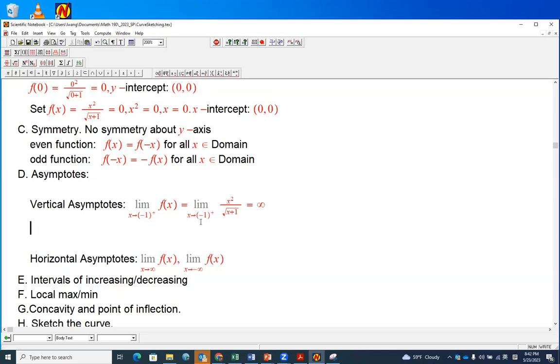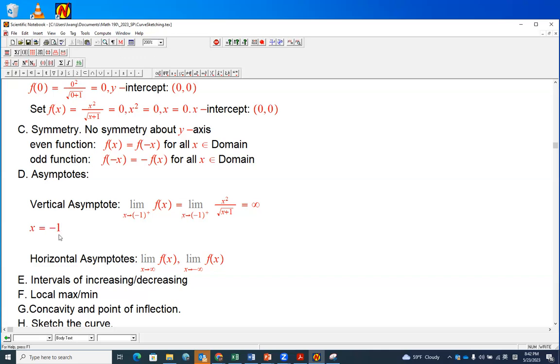When x is approaching -1 from larger than -1, the numerator is approaching 1, the denominator is approaching 0. So that's going to be a positive infinity. So we have a vertical asymptote.